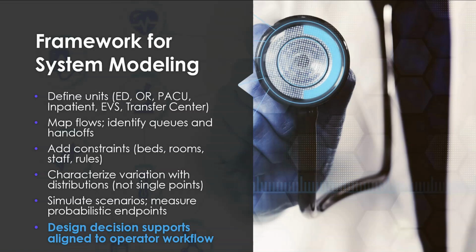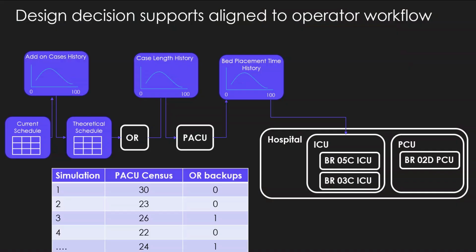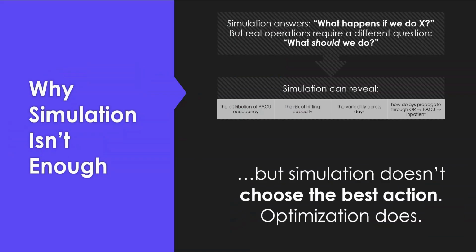And finally, we're ready to design a decision support, something to make a good decision within this system. So this is the view you've seen where we decompose the flow of patients and measure variation within it so that we've got that infused. But now we're going to move on.